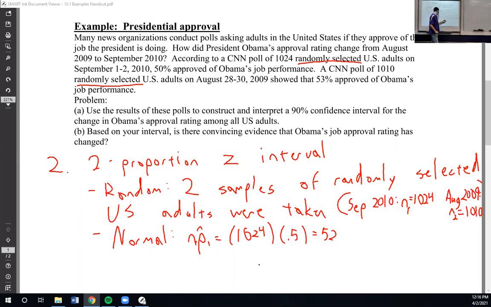That's going to be 512. N2 times P hat 2 equals 1,010 times 0.53. That one I actually do need the calculator for. 1,010 times 0.53, 535.3.